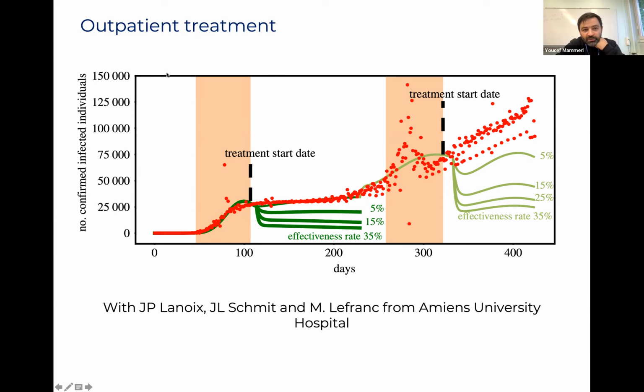This is for outpatient treatment. What is important is when you start the treatment. You know now COVID is mainly 2 weeks, so the treatment has to be in the first 5 days. If you do that in the very first days, you don't need to be very efficient. This is what is behind this.